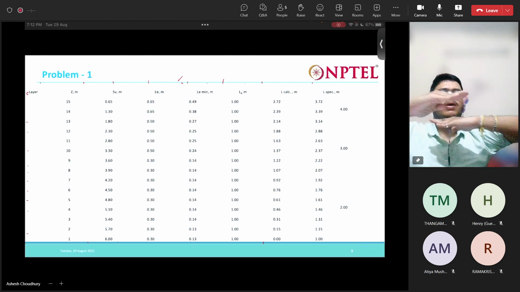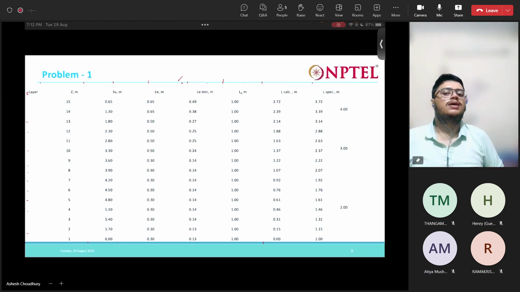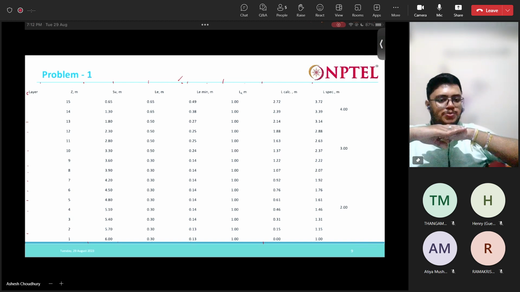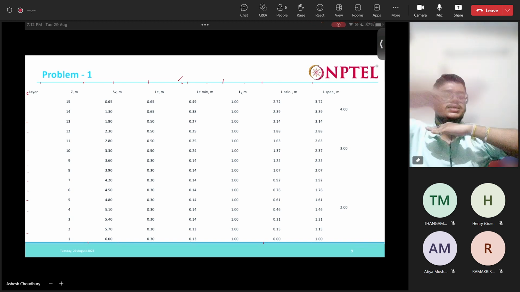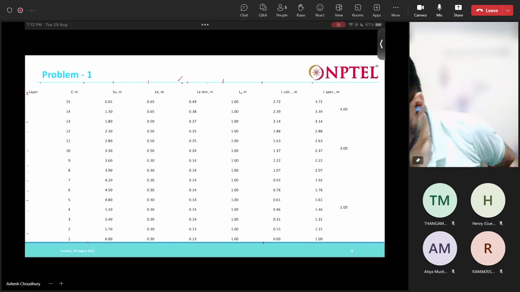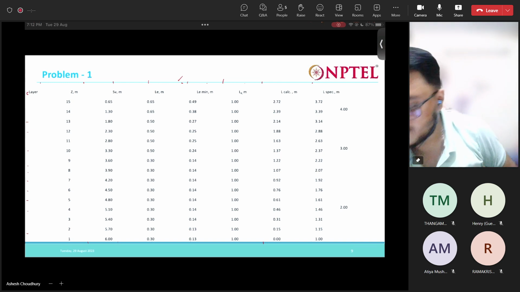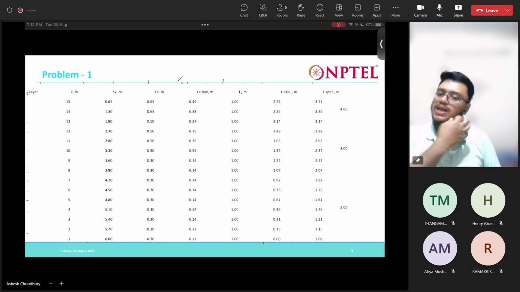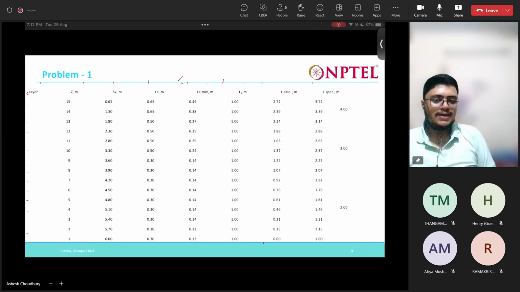So proper overlap should be there between the geotextile layers, and also proper joint should be there between the layers that you will be placing. It is recommended that a minimum overlap length of approximately 1 meter be used. So let us calculate that overlap length.